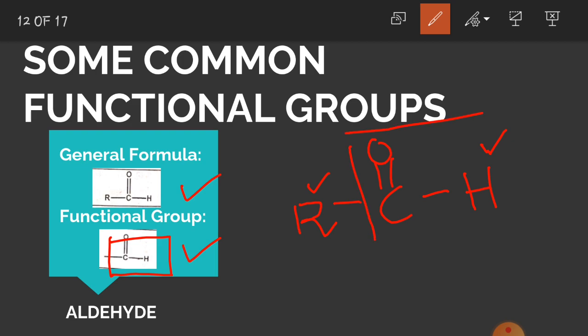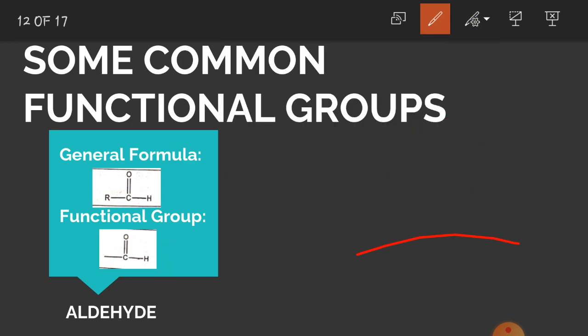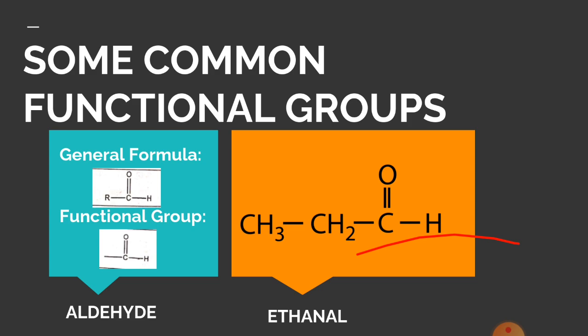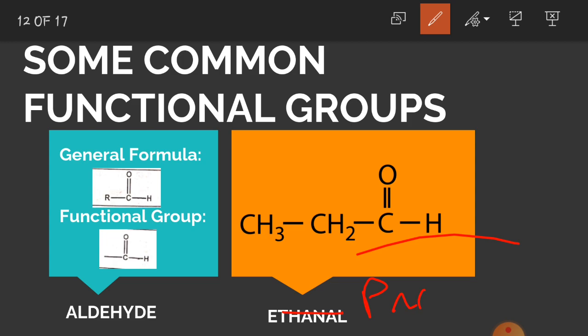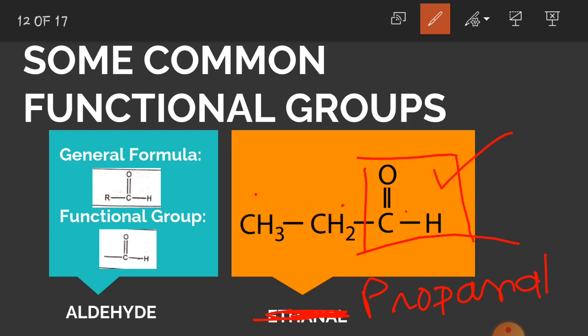So all the organic compounds having this group will be considered as aldehydes. An example of aldehyde is propanal, because it contains 3 carbon atoms. Now you may easily identify the presence of this group, which is present in the family of organic compounds named aldehyde.